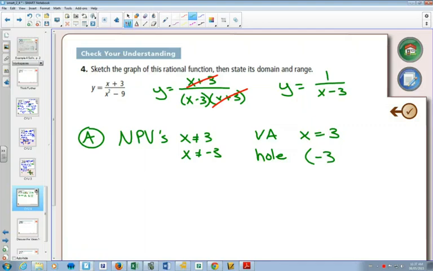How do we find the y-coordinate of that hole? We plug it into the factored simplified version. If I do that, I would have 1 over negative 3 minus 3. I'm going to get 1 over negative 6. So right now I know I'm going to have a vertical asymptote and I'm going to have a hole.